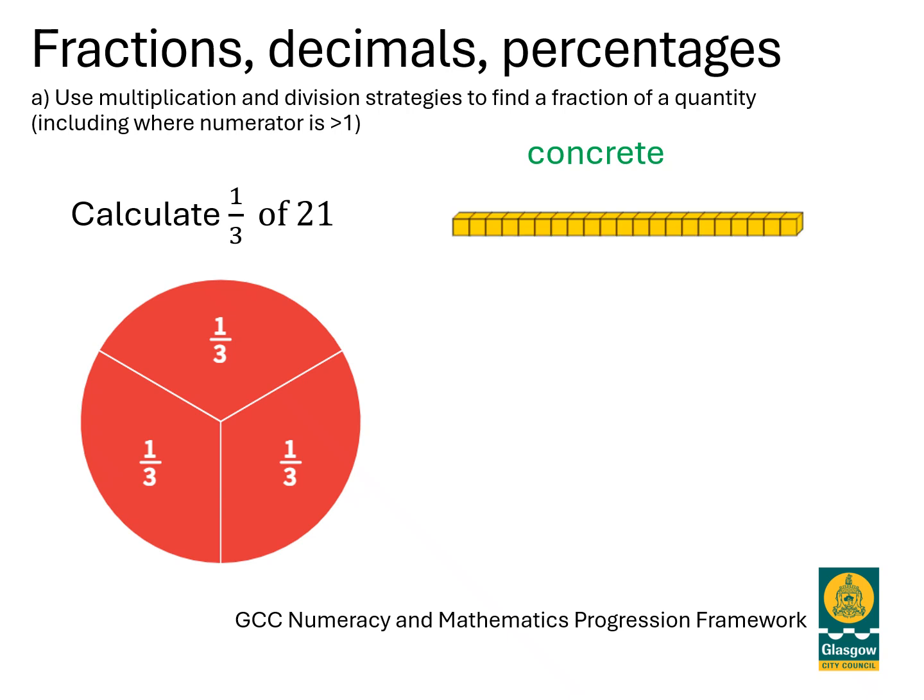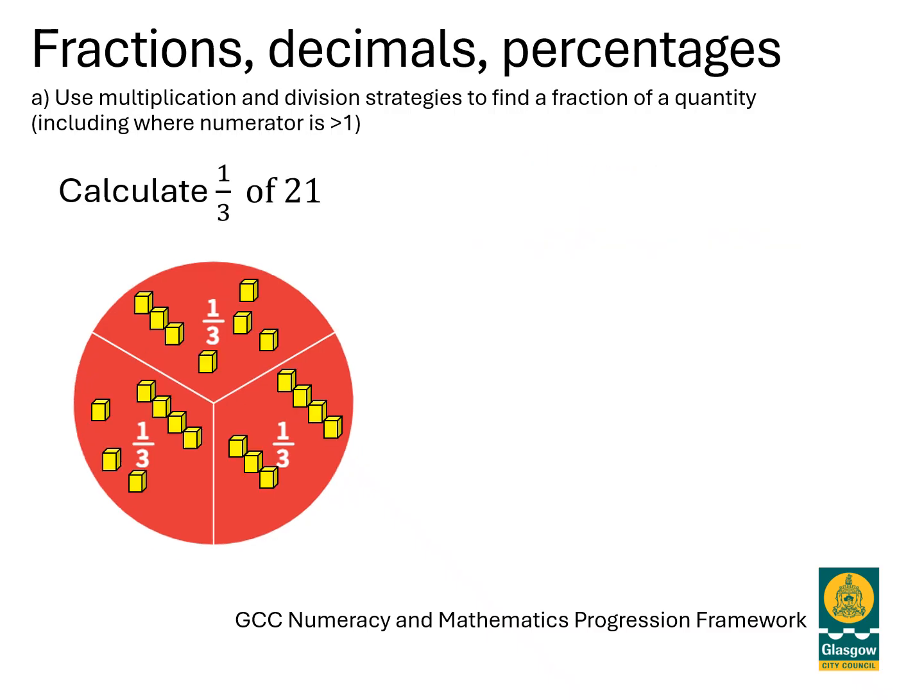We get ourselves 21 counters to represent that quantity we're working with, and then we use our familiar sharing skills from division to divvy those up. We find that when we split 21 into 3 equal groups, into thirds, then we have 7 in each group. So 1/3 of 21 is 7.